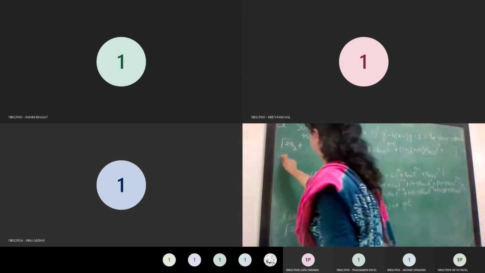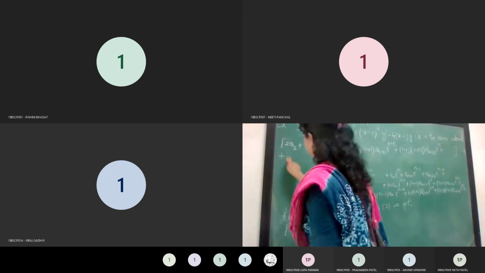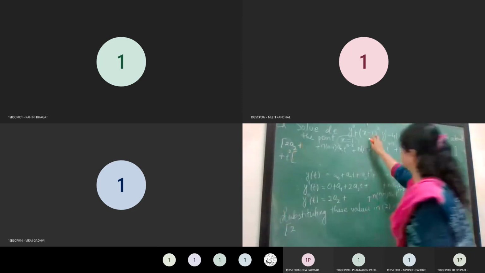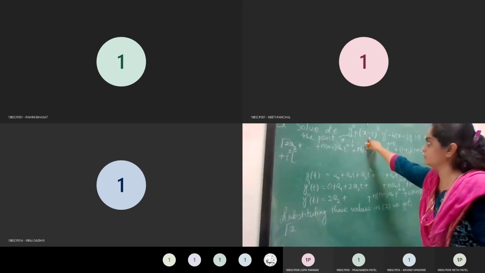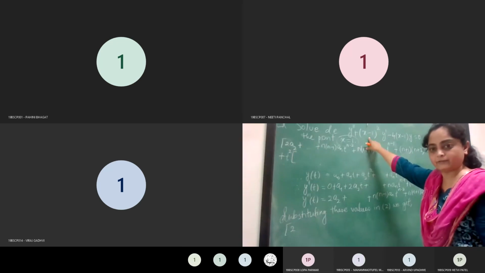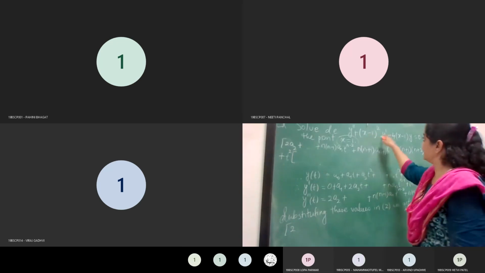Then we have plus t square outside of the bracket, if you are writing, then you can see your second equation. So it is t square into y dash.